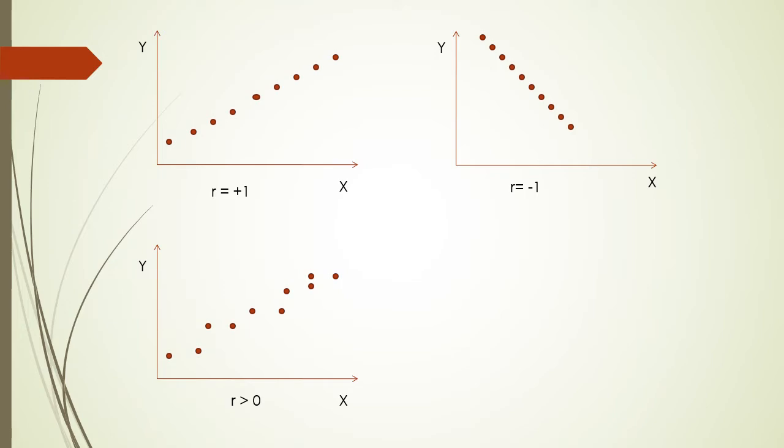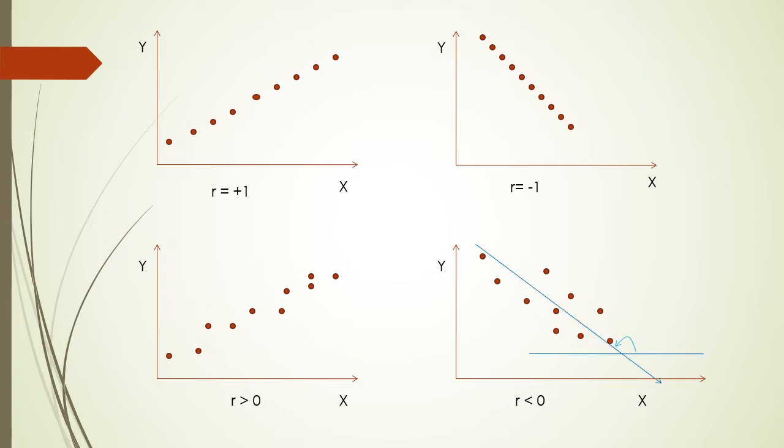If r greater than 0 and close to +1, then the points will lie near a straight line with a positive slope. And if r is negative and close to -1, then the points will lie near a straight line with a negative slope.